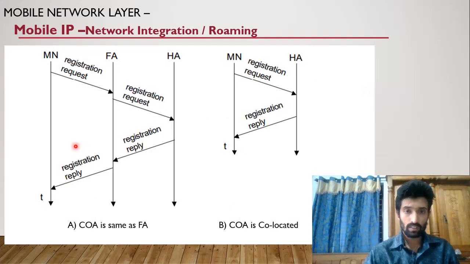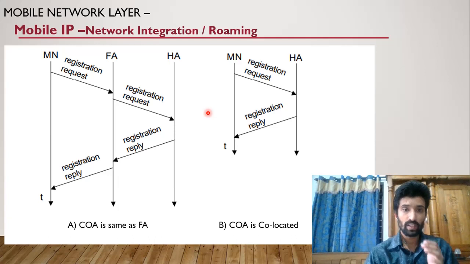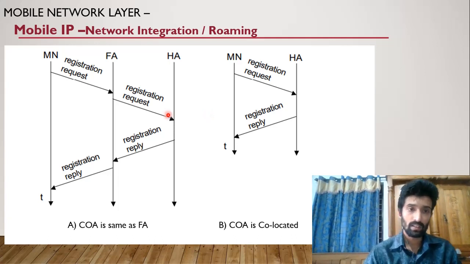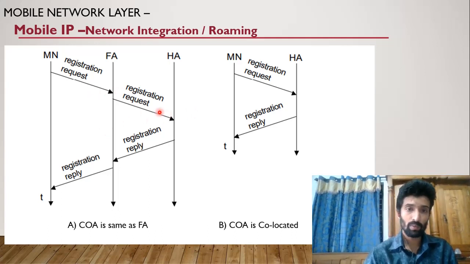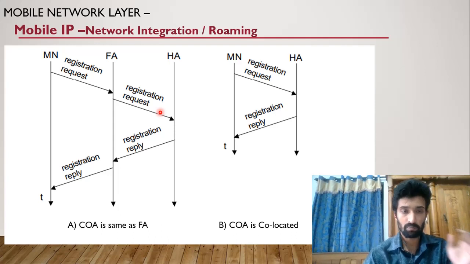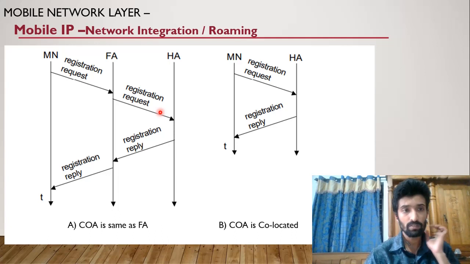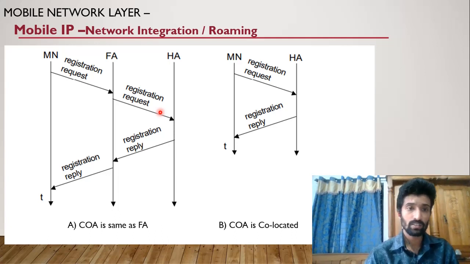Here it is shown diagrammatically how the network registration happens. There are two ways the registration can happen. The most popular way is that when a mobile node comes to a foreign agent, the foreign agent will not give a permanent or public address to the mobile node. Instead, it will give a local address.